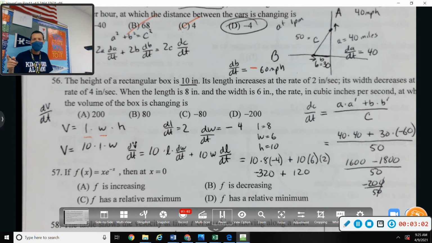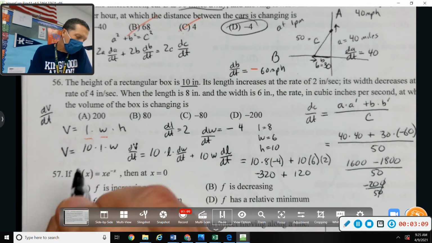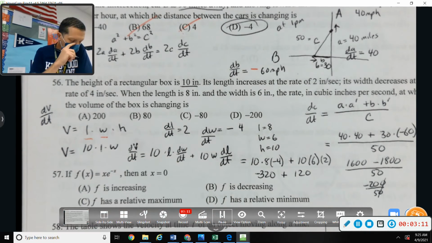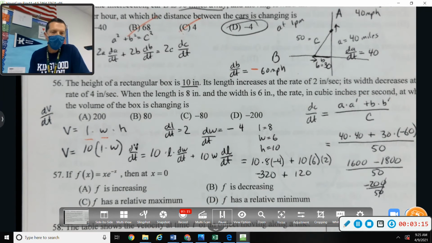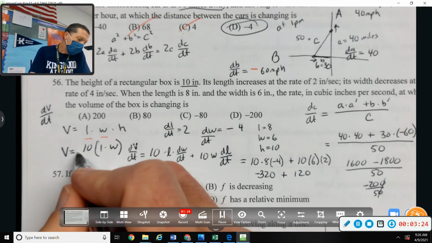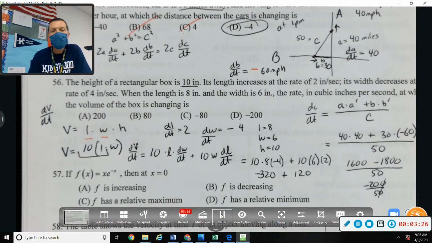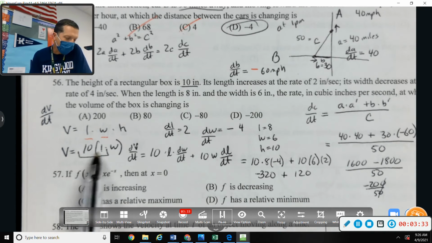Why did you put the 10 on the second? So 10, it depends on how you want to view it. You could just put the 10 out front of everybody. The 10's got to go to both of them. So you can view it as out front of everybody or attach it to one of them.